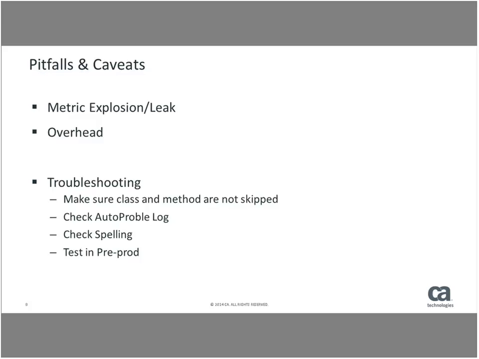But obviously there is some cost associated with instrumentation. I'm just giving an example, but if you instrument a class that's being called a million times, this could potentially cause instrumentation overhead and could lead to the application falling apart, right? So you need to be extremely careful about what you instrument, right?